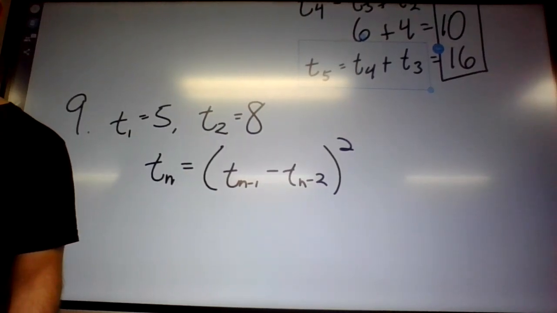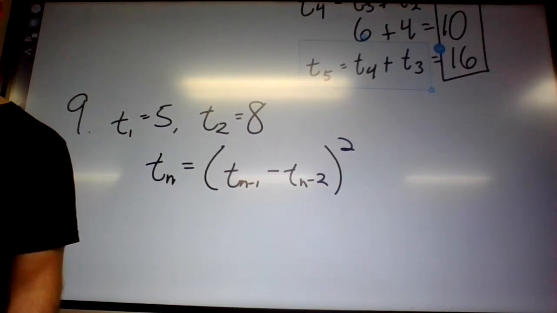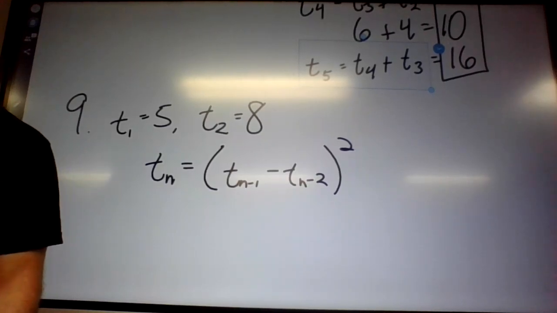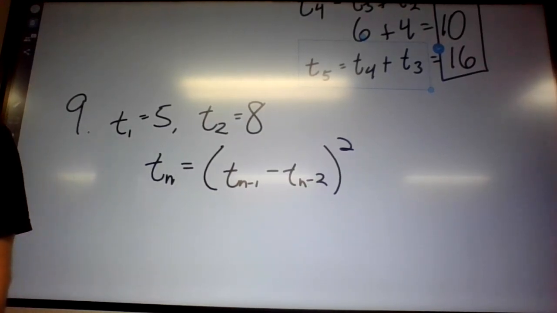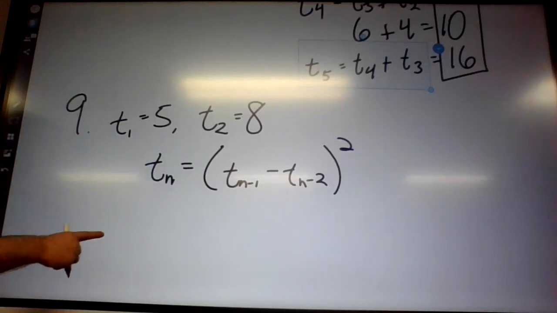So the numbers that I got are 2, 5 over 2, and 3. 2 is the fourth term. 3 over 2 is the third term, yeah.